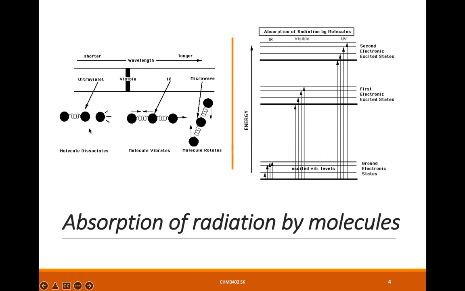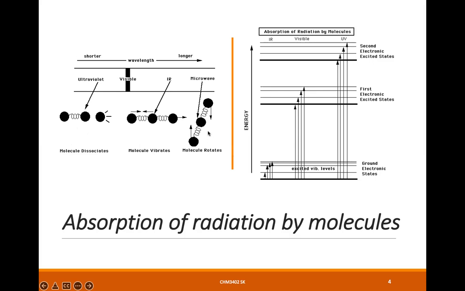So this is what happens if the compound receives ultraviolet, there is a possibility of the molecule dissociating, okay, because of the high energy. But if it is just in the region of vibrational levels, the atoms in the compound only vibrate, okay?